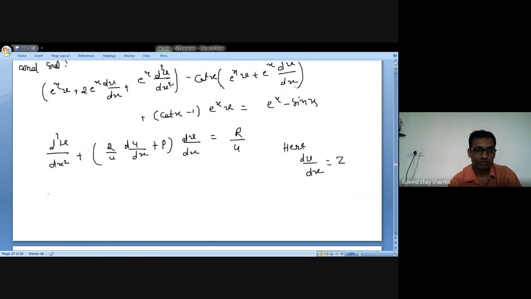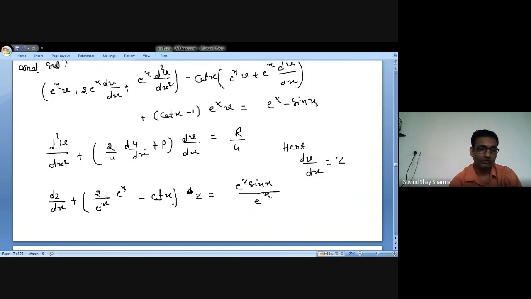So this can be written as dz upon dx plus 2 minus cot x z is equal to e to power x sin x upon e to power x.